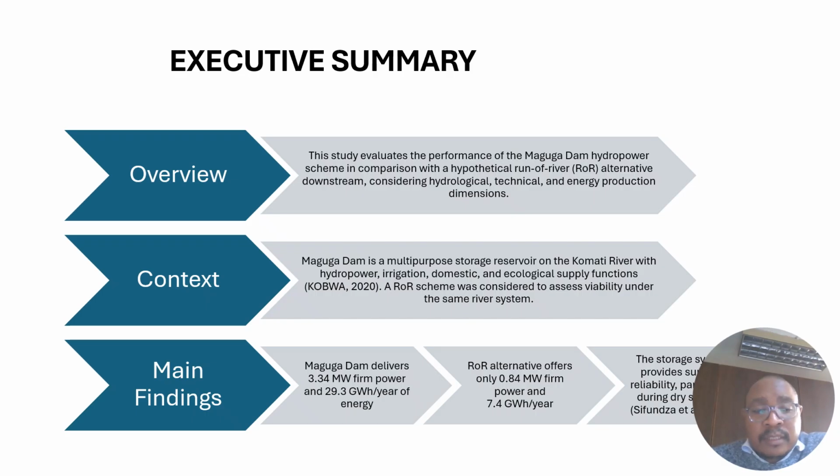Then the context, number 2, on the Maguga Dam, the purpose of the dam itself, where it supplies domestic use, the ecological supply function, the irrigation, including the hydropower. And then lastly, the focus will be on the main findings.